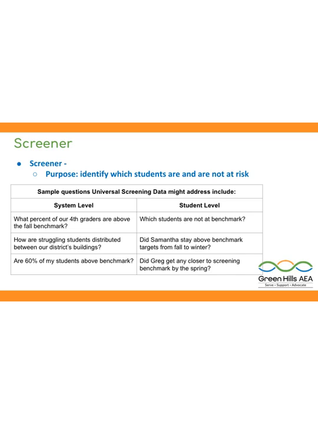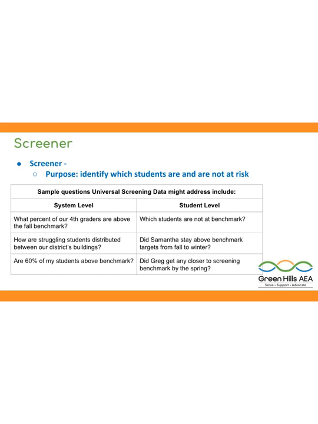A screener is an assessment that's used to identify which students are and are not at risk. Screeners can help address both system level and student level questions. For example, for a system level question, a screener can answer the question: what percent of our 4th grade students are above the fall benchmark, as well as maybe whether or not we need a class-wide intervention.